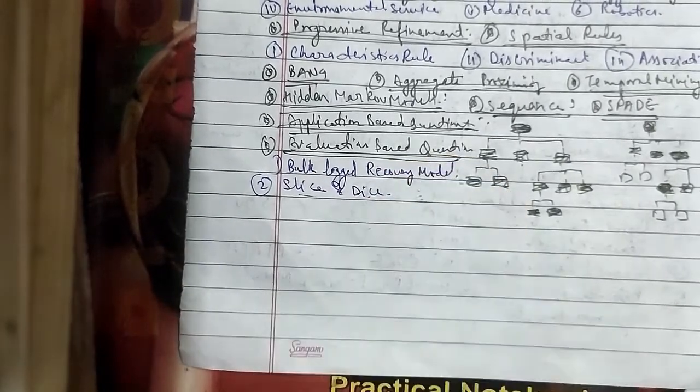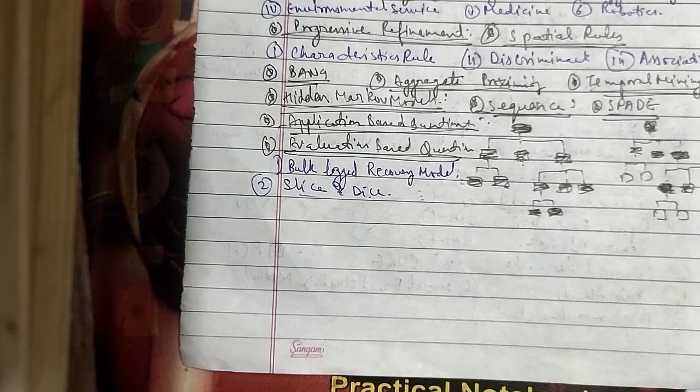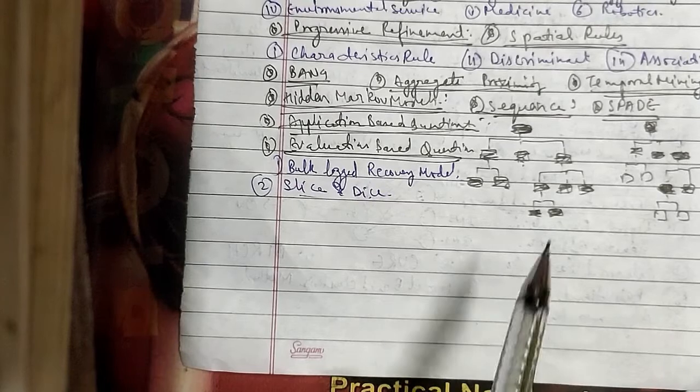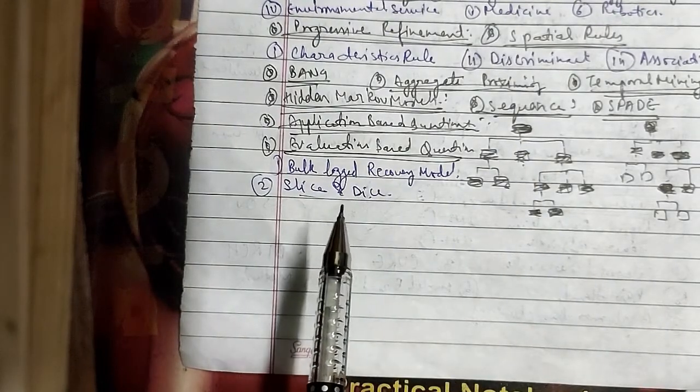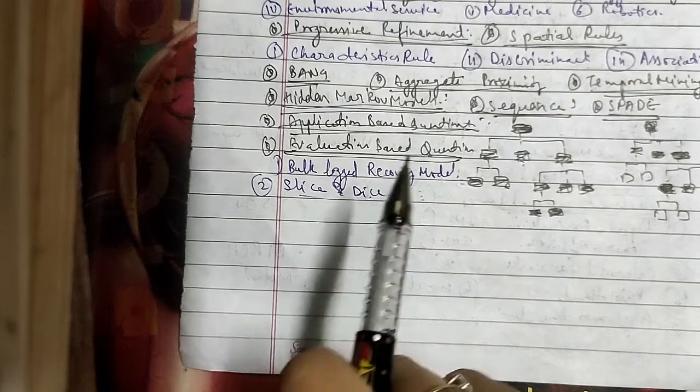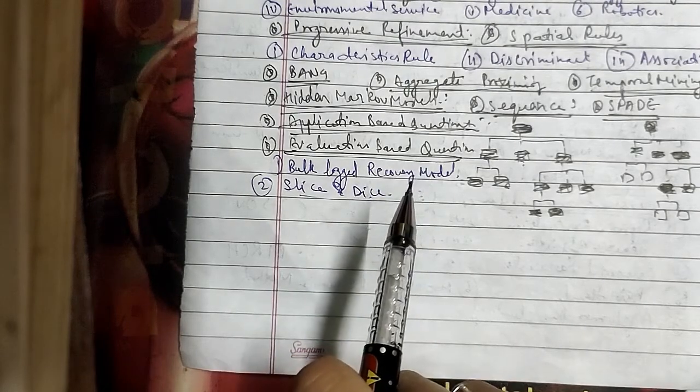Now here we end up with data warehouse and data mining. We have completed all the units, which are unit 1, unit 2, unit 3, unit 4 and unit 5. We have discussed all the possible 2 marks questions of every unit.